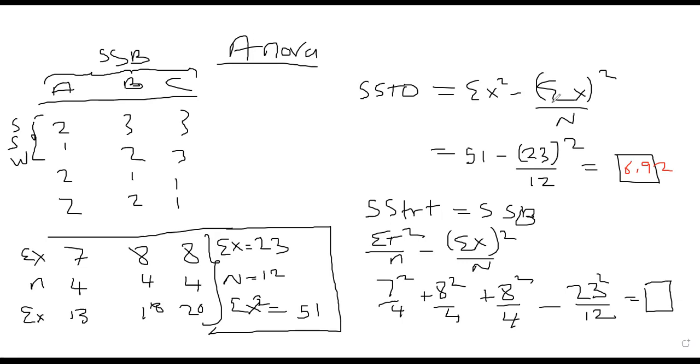All right. So 51 minus 44.08. That's how we got that. Then here, 7 squared plus 8 squared plus 8 squared divided by 4, we have 44.25 minus 44.08.